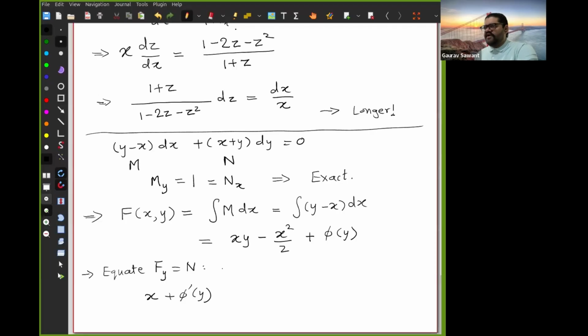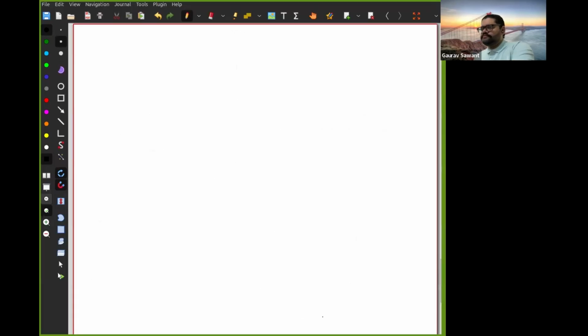On the other side I have N, that is equal to x plus y. Which gives me phi dash of y equal to y, which readily gives me phi of y equal to y square over 2 plus c.